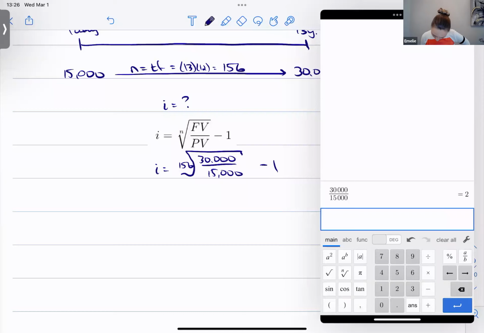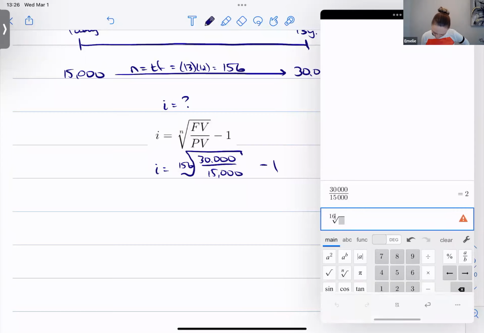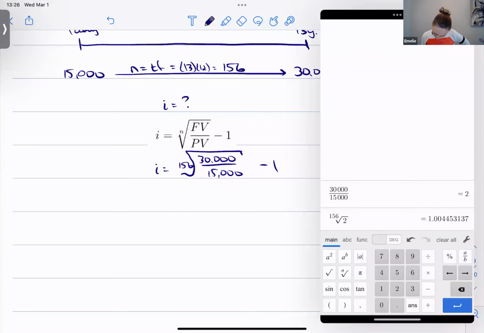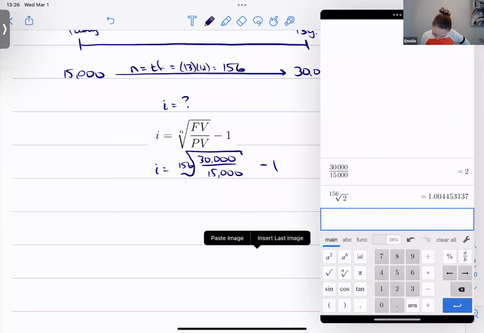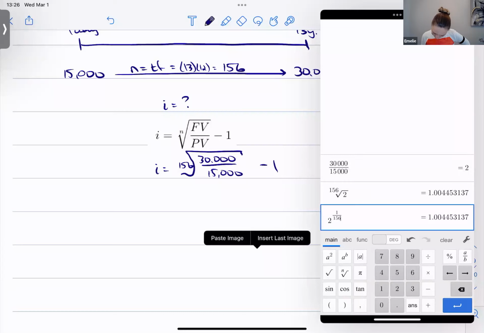Notice that the Desmos calculator does have the nth root, so you could do that, or let's do 2 to the power of 1 divided by 156.